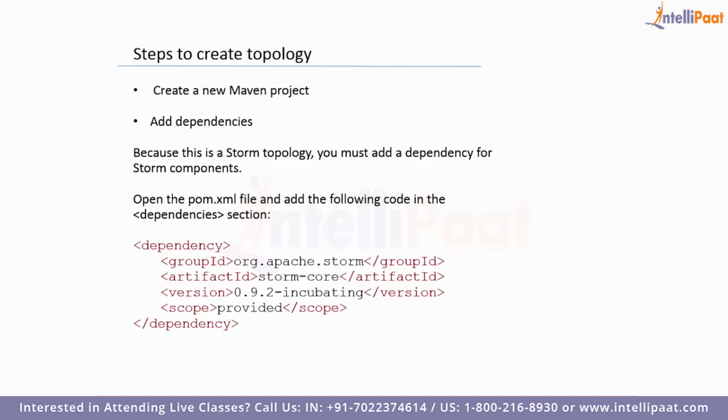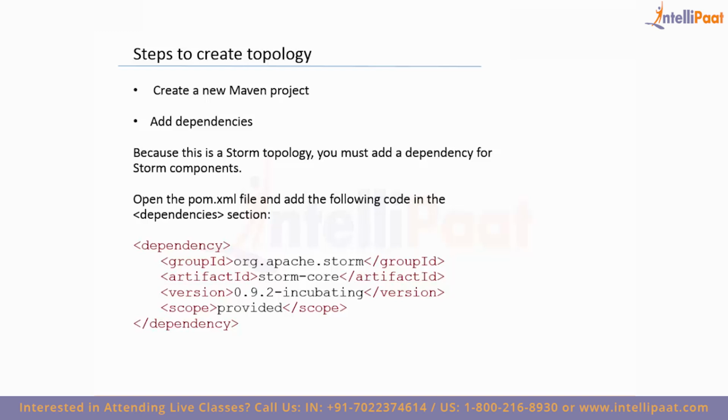So first of all, I need to create a Maven project, and I need to add the dependencies because this is a Storm topology and you must add dependencies for Storm components. There will be some jar files, some classes which will be used at the backend, and this dependency addition is going to take care of it.